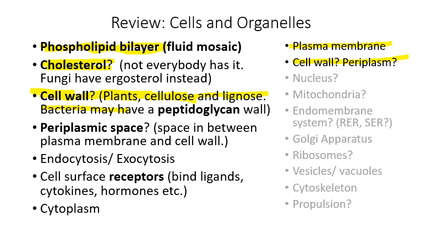Some bacteria, not every type of bacteria, but some specific types, have a plasma membrane like every other cell, but in addition to the plasma membrane, have an additional layer called a cell wall. But unlike plants, where the cell wall is made of cellulose and lignose, with bacteria that have a cell wall, the cell wall is made of a polysaccharide called peptidoglycan.